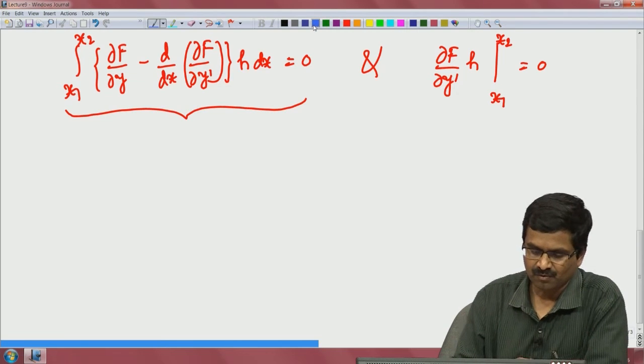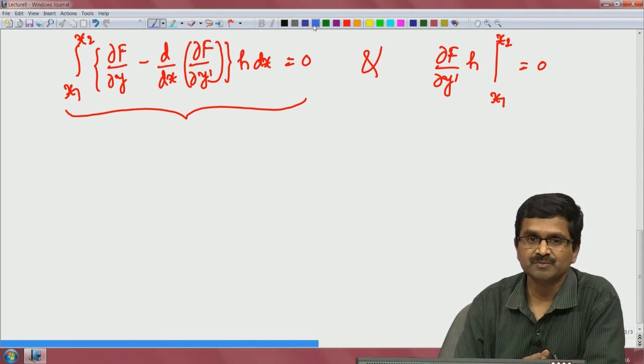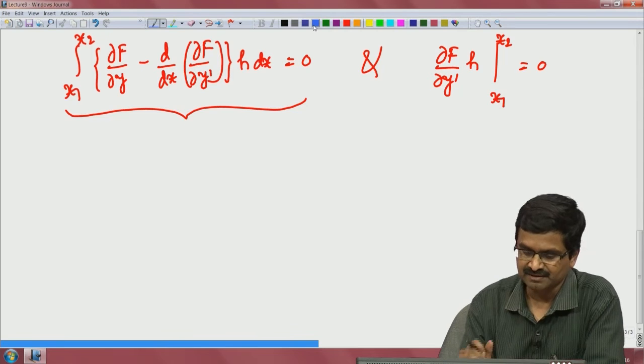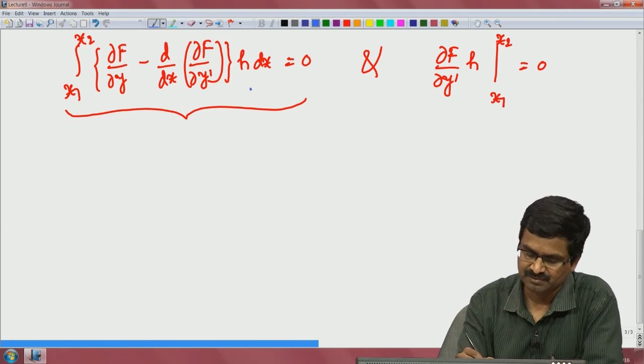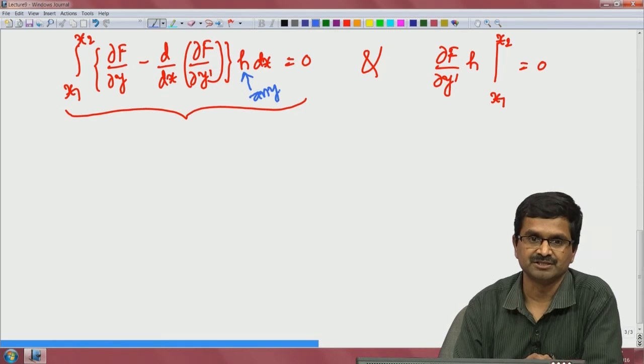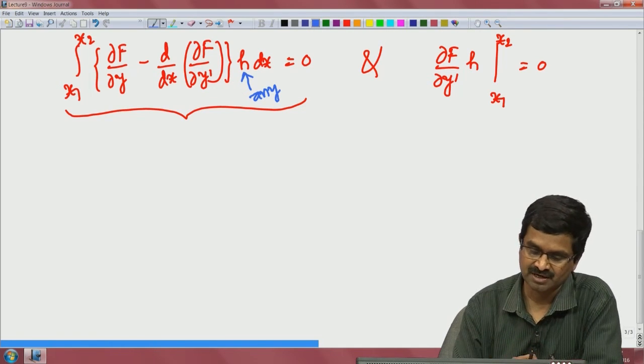We want this integral being 0 to be true for any h that is arbitrary, any function h, that means your choice or anybody's choice.